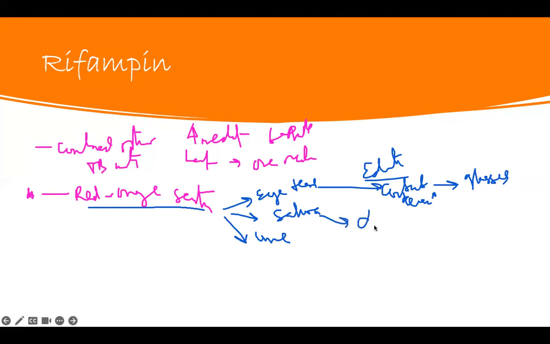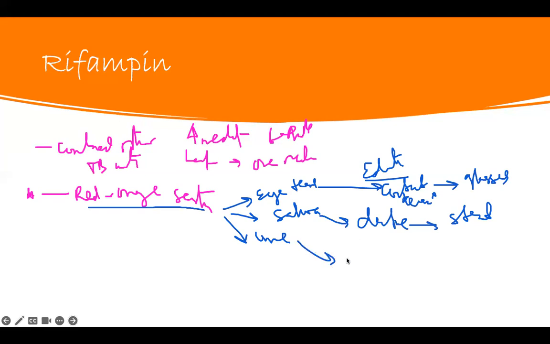If they have dentures, those will also stain, so they shouldn't worry or be upset that their dentures are changing color or are infected. No, it's just the red-orange secretion causing that.